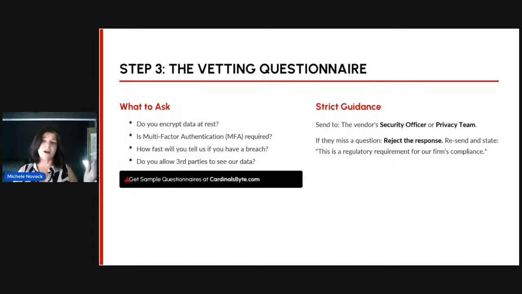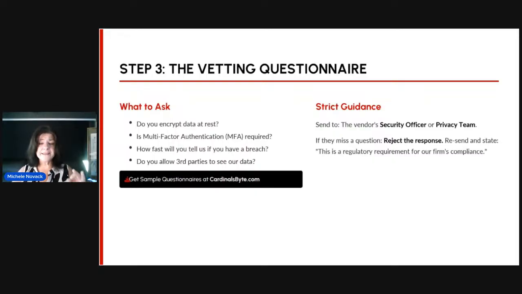However, under the FTC rule 314.4(f) and the IRS Publication 4557 mandates, our firm is legally required to verify the specific technical controls used to safeguard our data. And then you can go on with anything else. But you need to make sure that you send them an email. And you can even tell them, please provide clear yes or no to the following questions. It helps protect you should something happen, right?